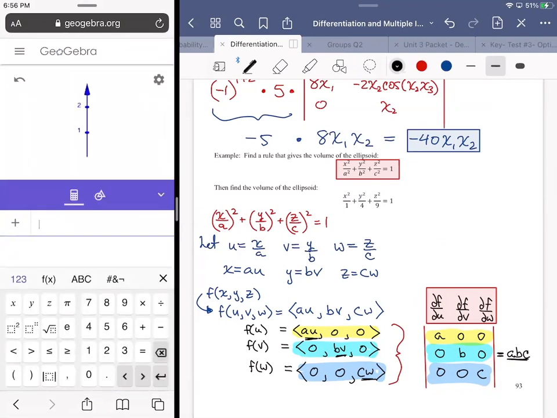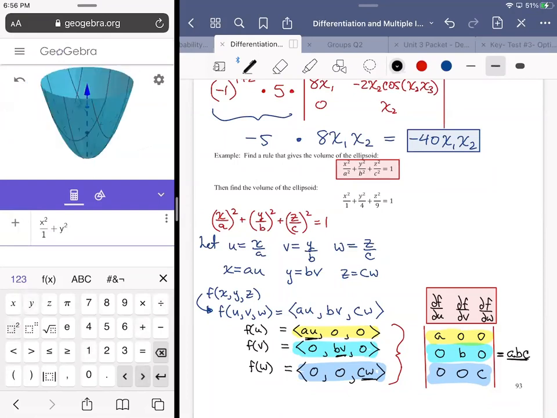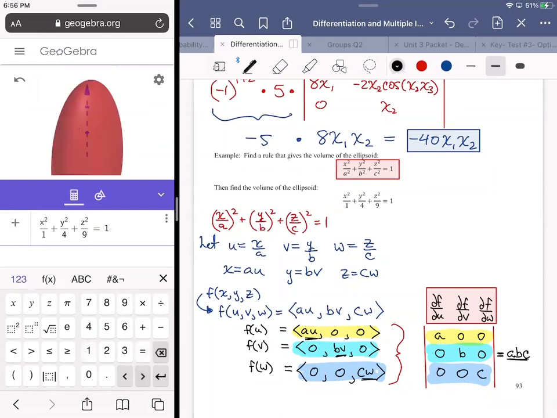We have this function: x squared divided by 1 plus y squared divided by 4 plus z squared divided by 9 equals 1. All right, so that's my ellipsoid.